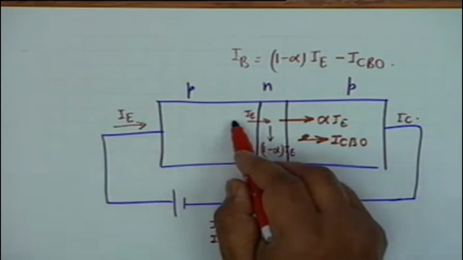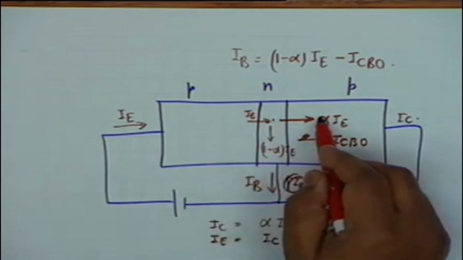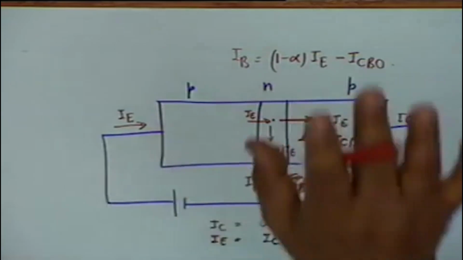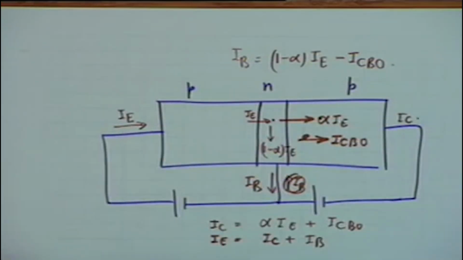These are majority carriers here, minority here, then they become majority carriers here. In a forward bias junction, it is the majority carriers which take over. In a reverse bias junction, it is the minority carriers which take over. And therefore, we ignore the minority carrier current.